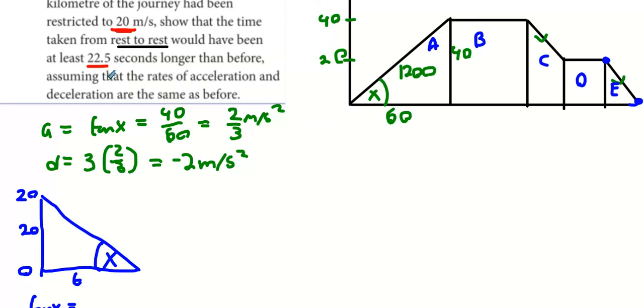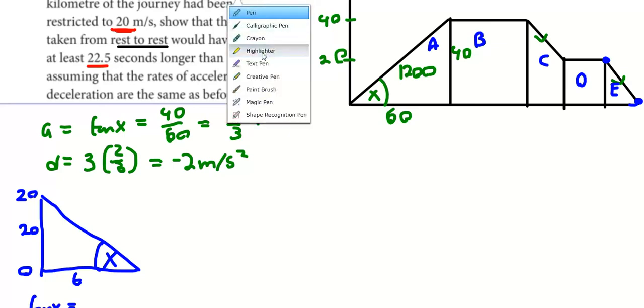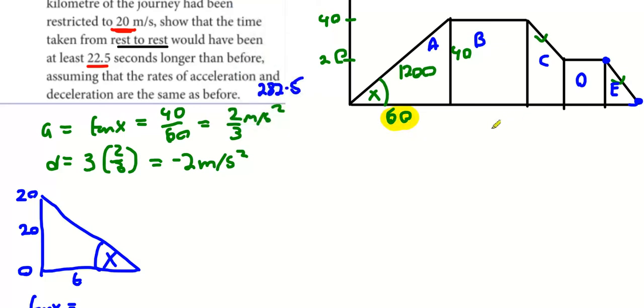The first journey was 260. This makes this journey 282.5. That's what we're trying to prove. We're trying to get all the times added together. So at the end of this question, I want this time, this time, this time, this time, and this time. I want to add them all together, and I want to get 282.5. Everybody cool with that?